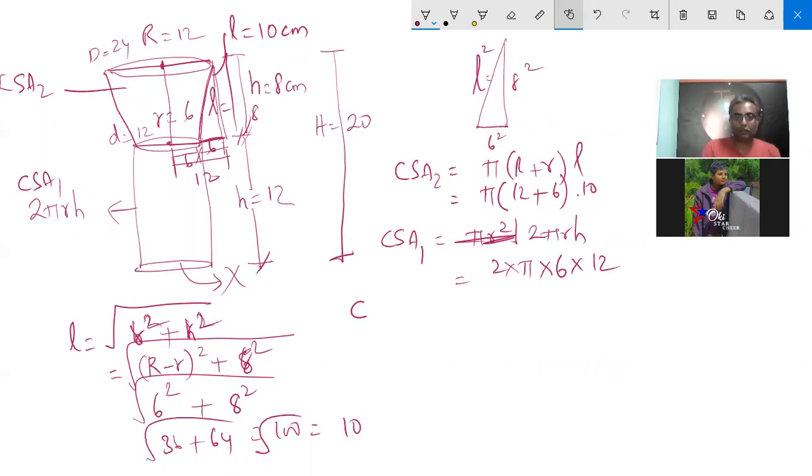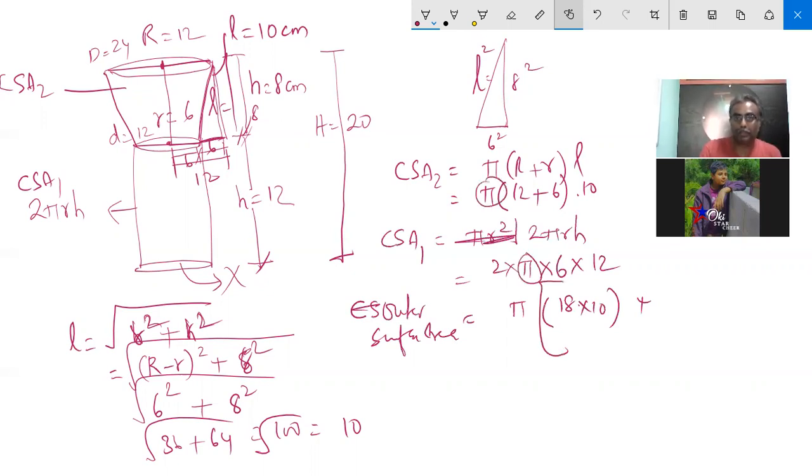So total outer surface area is equal to pi into 18 into 10 plus, we take this pi outside for both, 2 into 6, 12 into 12, that's 144.